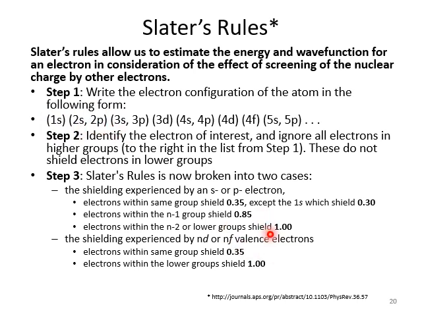And then follow the rules here. Electrons within the same group shield 0.35. We weren't talking about the D or F electrons, so we didn't worry about that. It was just this one here. So we would worry, in terms of shielding, about the electrons in shells inside of the 3s and the 3p electrons themselves, which would shield by about 0.35 each for each electron.